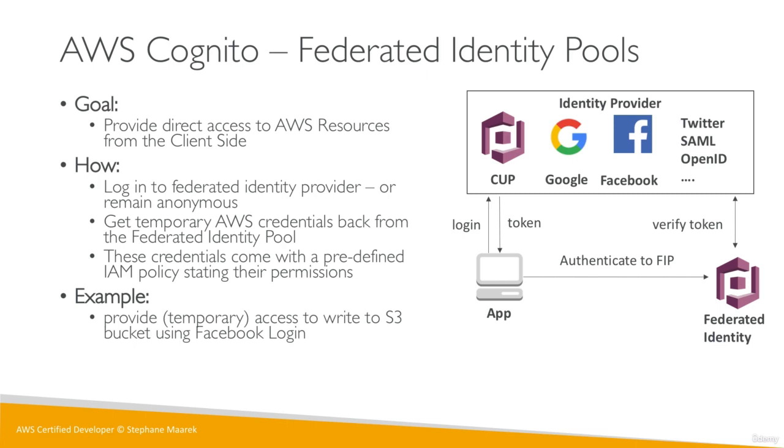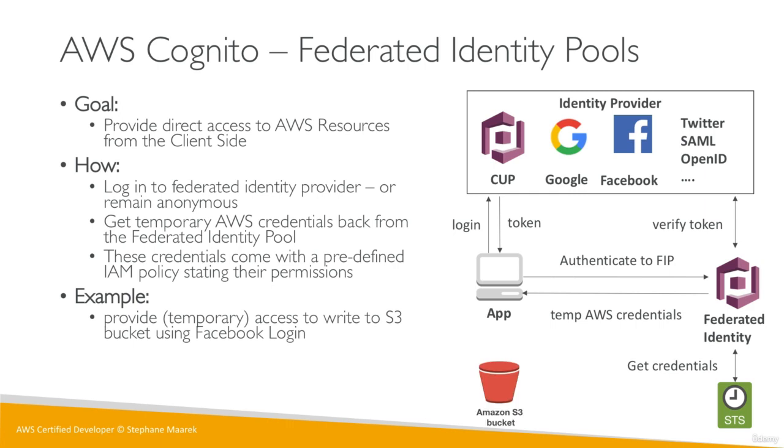Once the token has been verified, the federated identity pool will talk to the STS service to get temporary credentials for AWS. Once it has that, it will pass the temporary credentials back to our application. And now that our application has these temporary AWS credentials, it is, for example, able to interact directly with our S3 bucket.